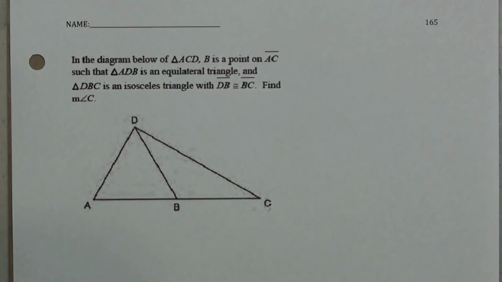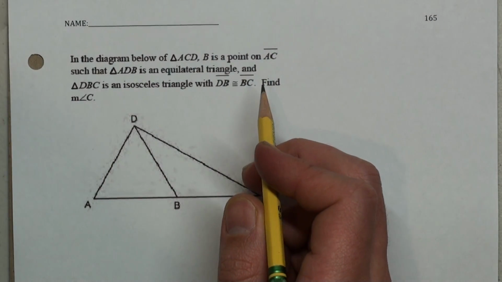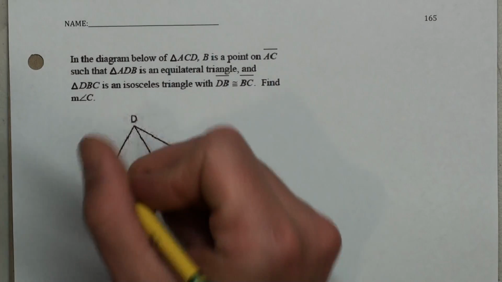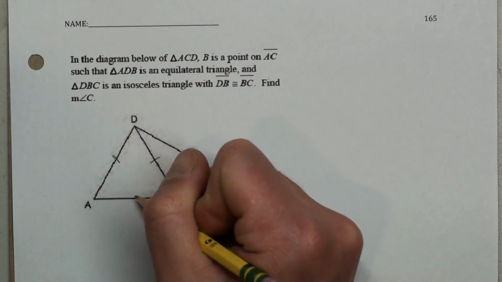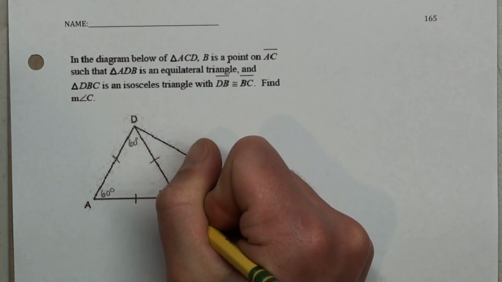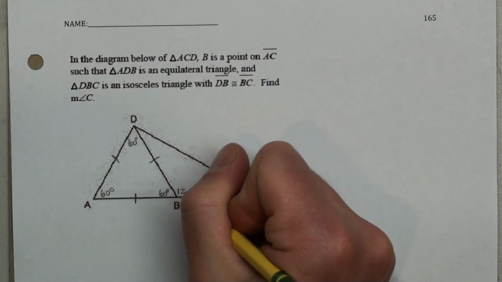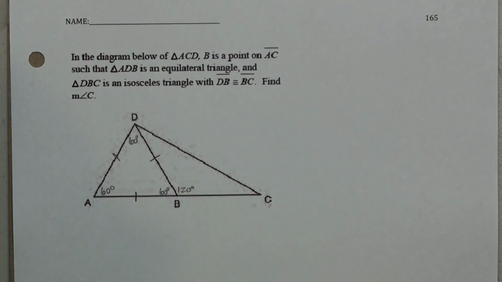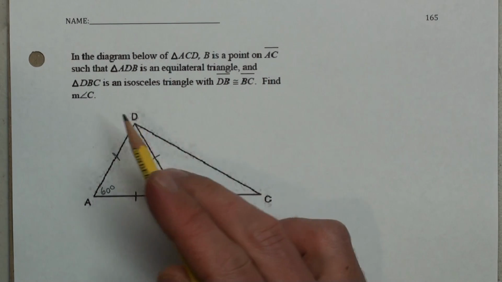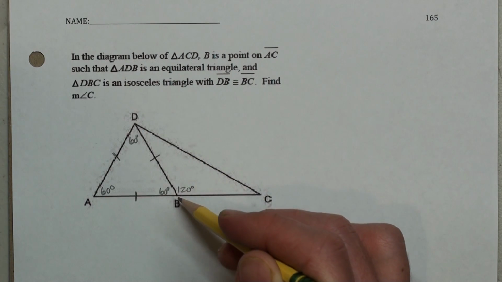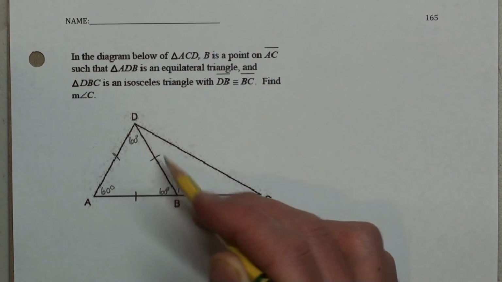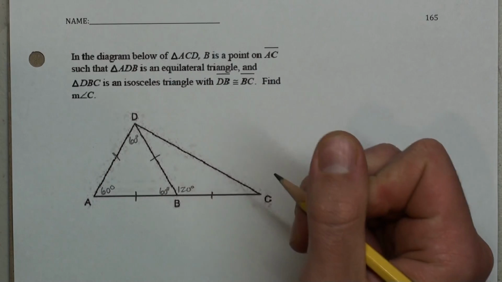Couple more. Point B is on AC such that ADB is an equilateral triangle. So this is equal to this is equal to this. And this is 60 degrees, and this is 60 degrees, and this is 60 degrees, which means that this is 120 degrees. And DBC is isosceles with DB congruent to BC, so this is also congruent.